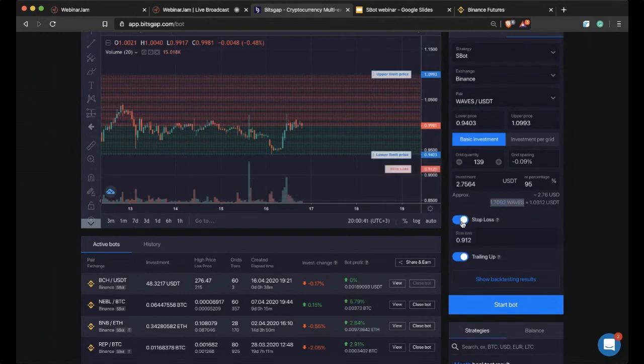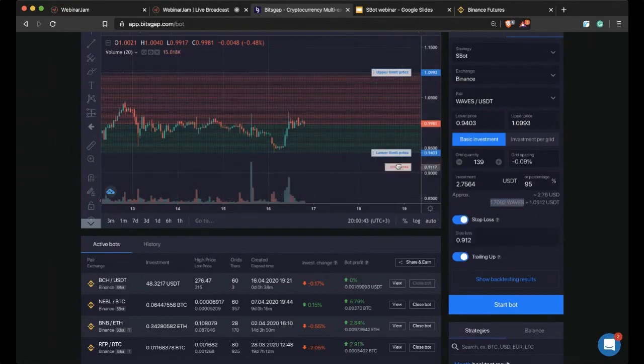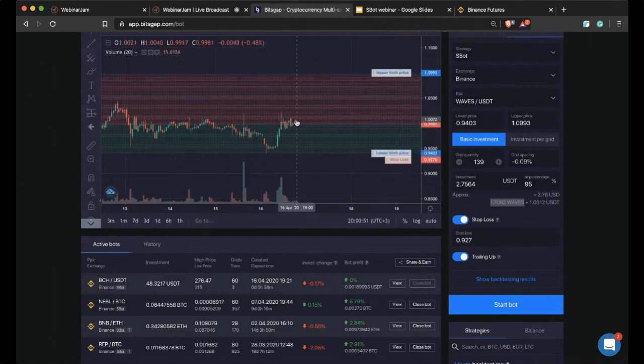And if I put this stop loss, I would put it right below this lower low. So if the price, instead of moving upwards, as I would expect it to in order to maximize my profit, moves downwards and goes below my lower limit price, first of all, my bot won't be trading anymore because it's below the trade range.